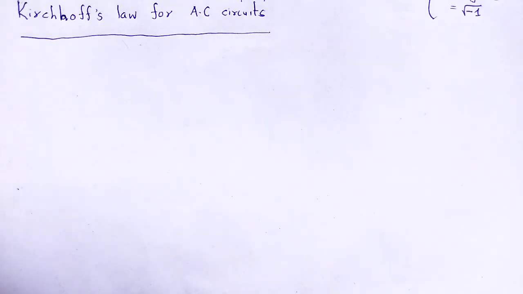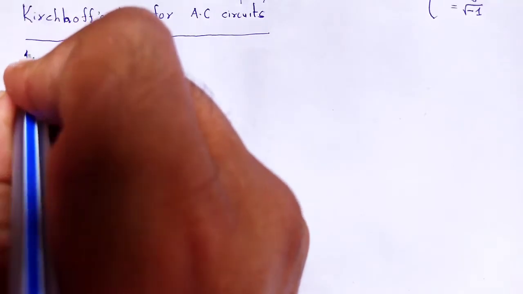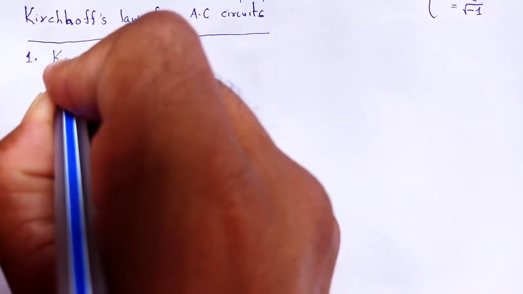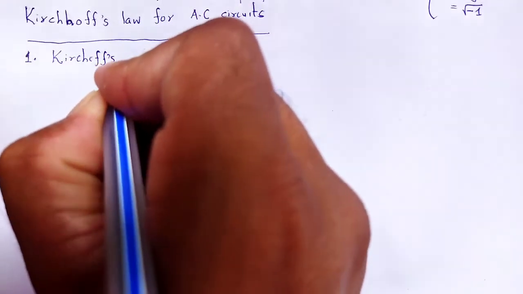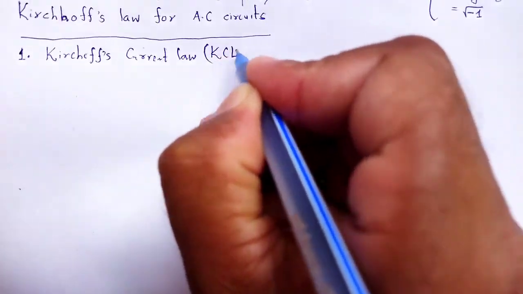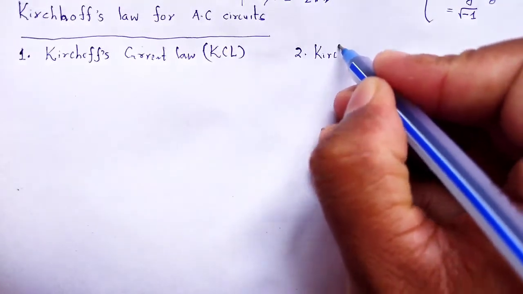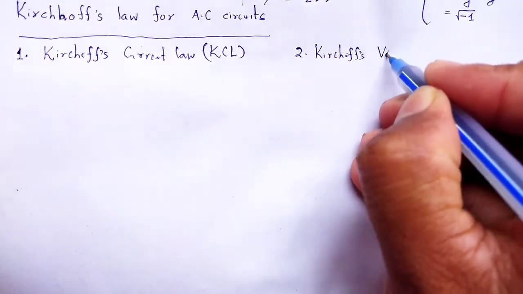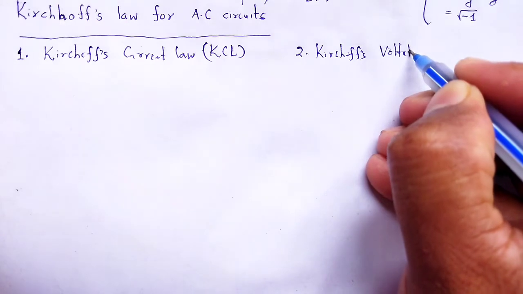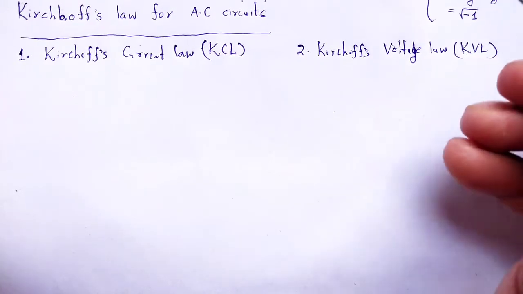There are two laws proposed by Kirchhoff, named as Kirchhoff's first law, Kirchhoff's current law, named as KCL, and Kirchhoff's voltage law, that is known as KVL.